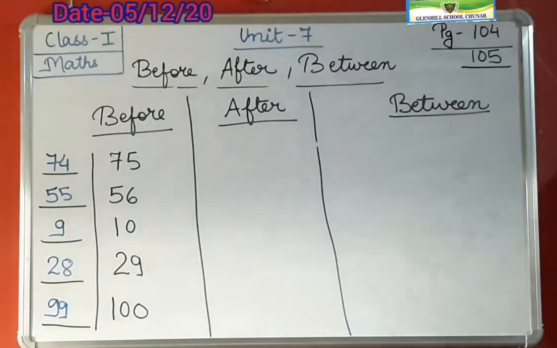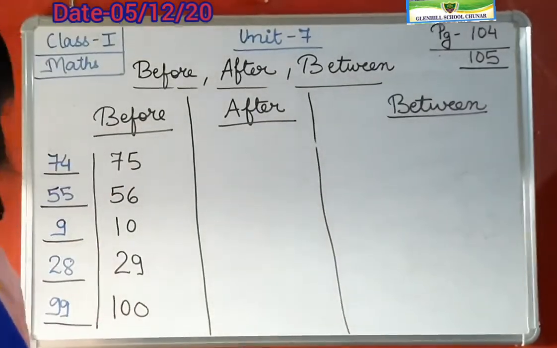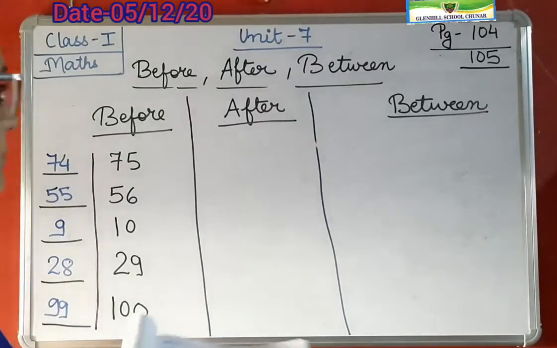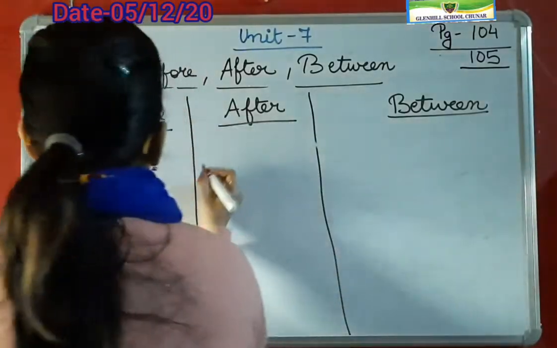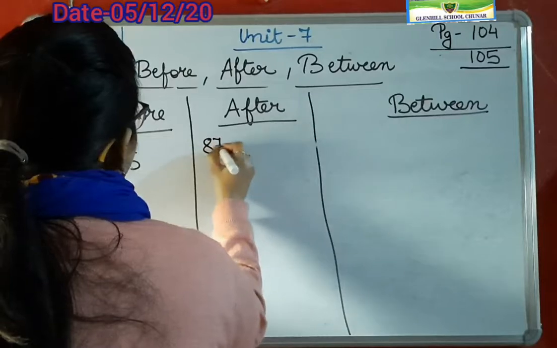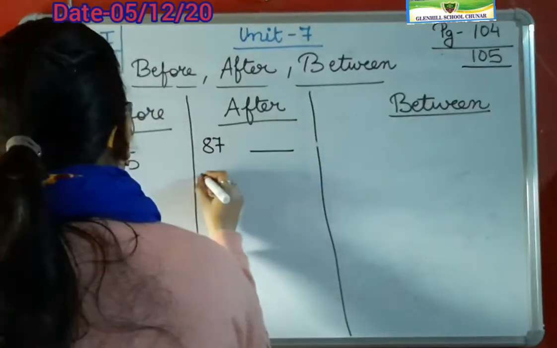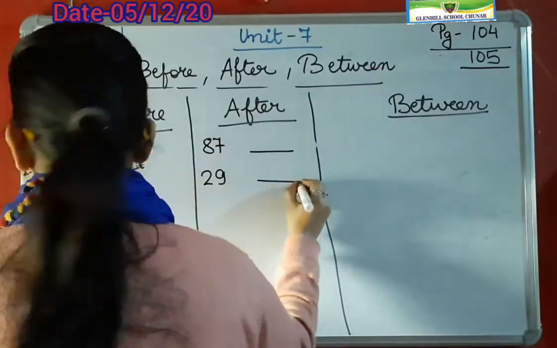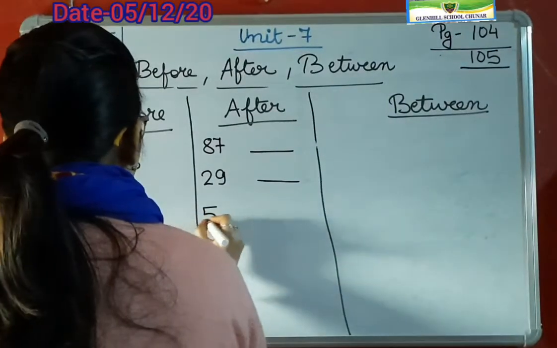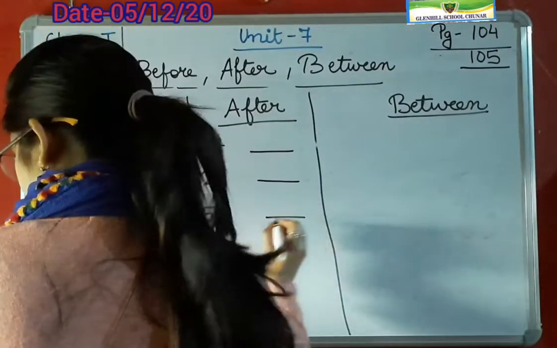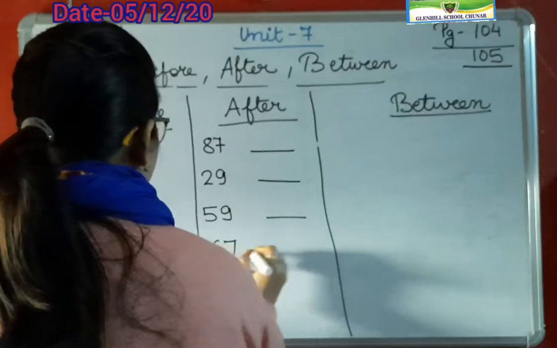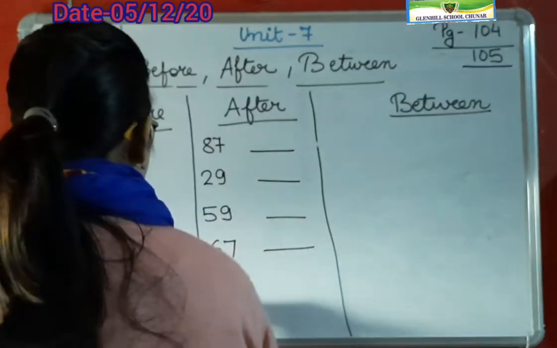Now come to the next question, that is after. 87, 29, 59, 67, 60.